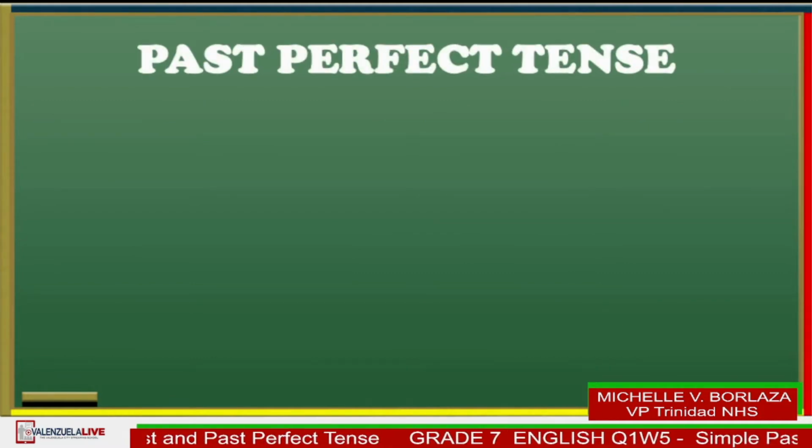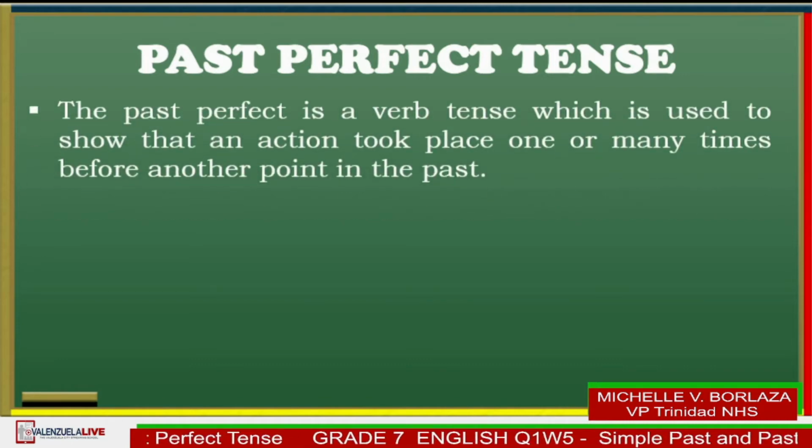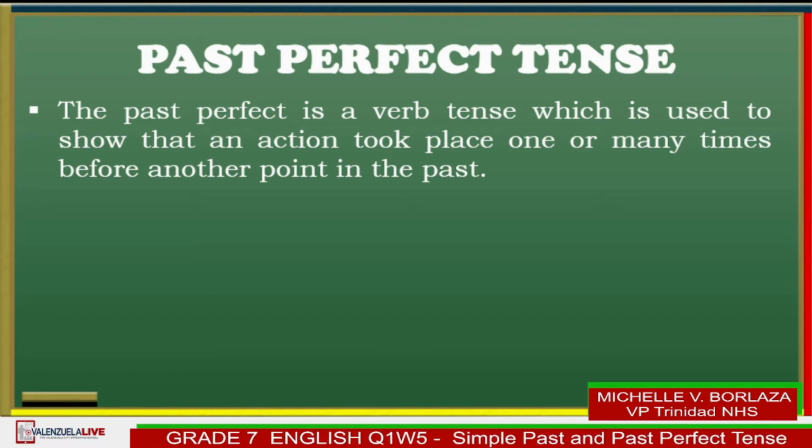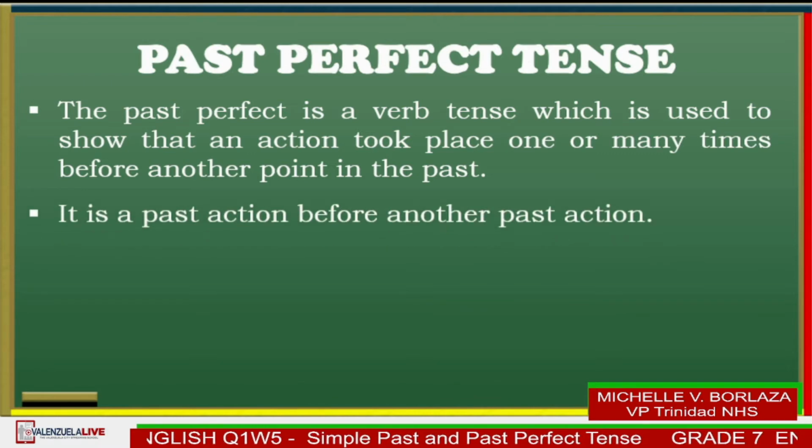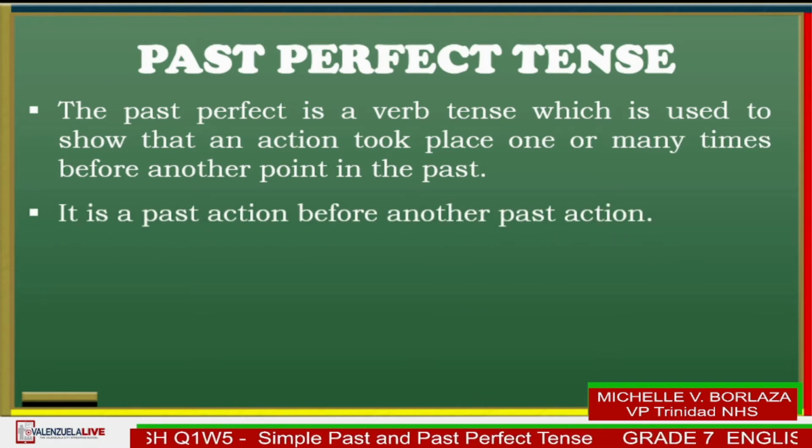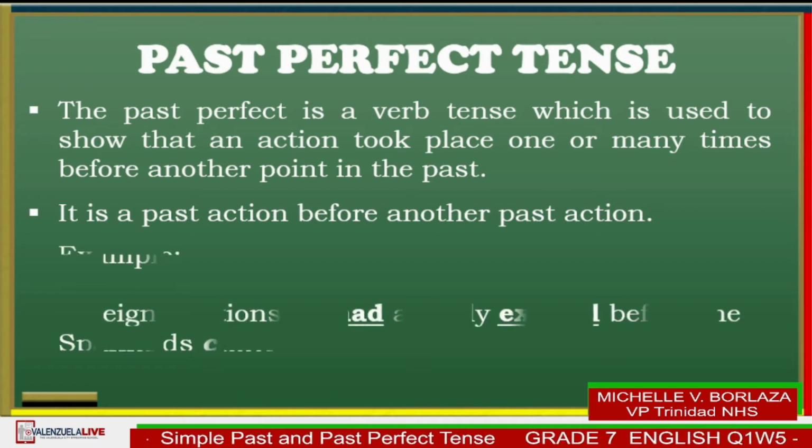Let's now discuss past perfect tense. The past perfect is a verb tense which is used to show that an action took place one or many times before another point in the past. It is a past action before another past action.